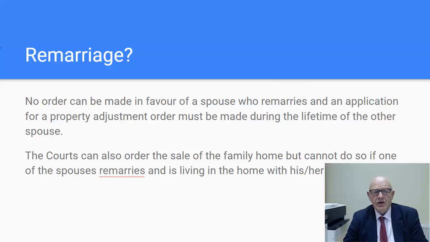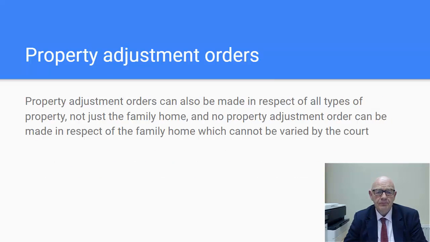However, the question of remarriage means that no order can be made in favour of a spouse who remarries, and an application for a property adjustment order must be made during the lifetime of the other spouse. So the other spouse cannot have passed away, and the spouse that is looking for a property adjustment order cannot have remarried. The courts can also order the sale of the family home, but cannot do so if one of the spouses remarries and is living in the home with his or her new spouse.